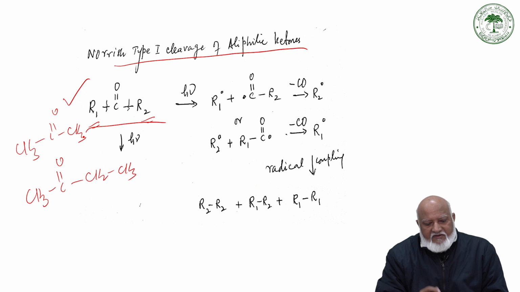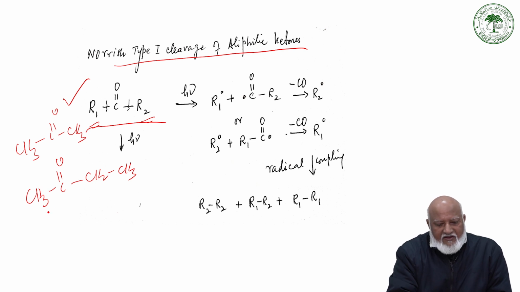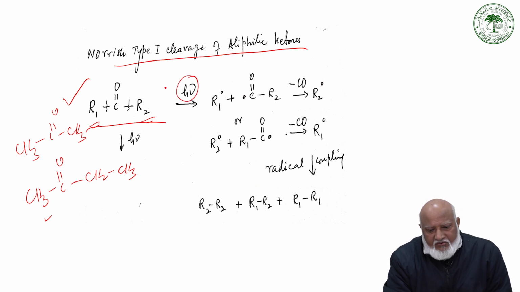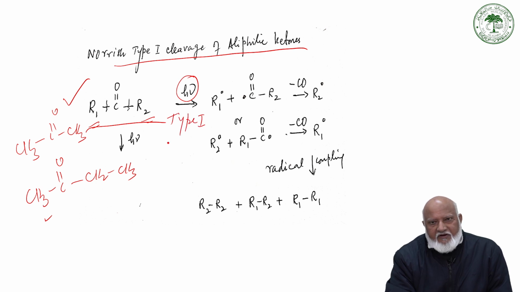If you have different R1 and R2, then you have methyl ethyl or ethyl propyl, and so on. So under photolytic condition, an aliphatic ketone can undergo Norrish type 1 reaction, which is nothing but alpha bond cleavage.